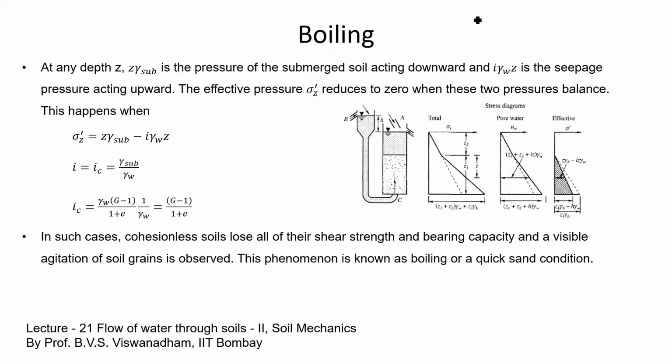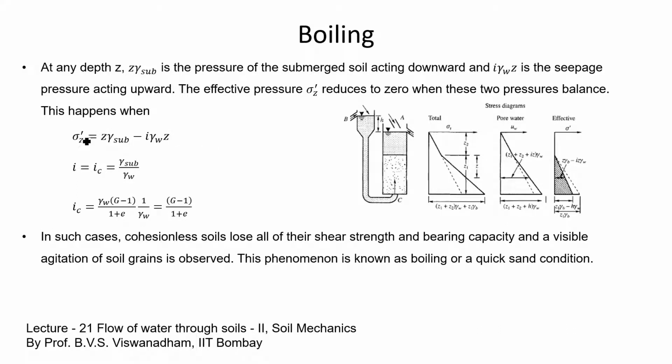The next term is boiling. In case of the upward flow condition, that is, if the water flows in the soil from bottom to top, in the vertical direction, then the effective stress is written as sigma z dash equals z gamma sub minus i gamma w into z.